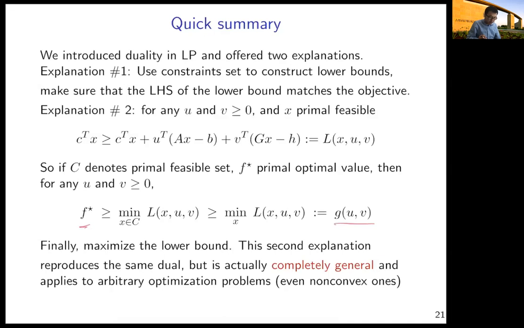The optimization problem that maximizes the lower bound gives rise to the dual of an LP. The second explanation is more general and sometimes covers even non-convex problems.